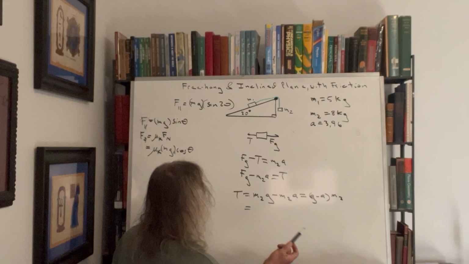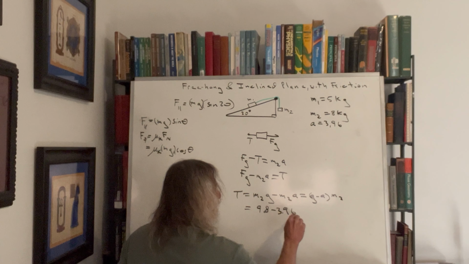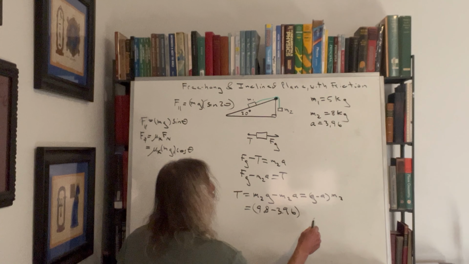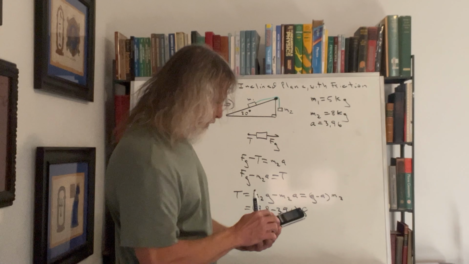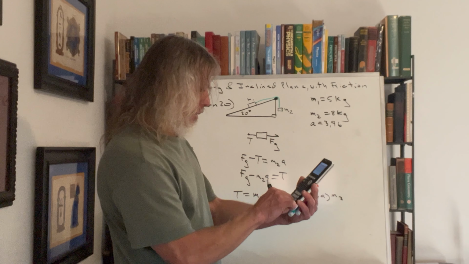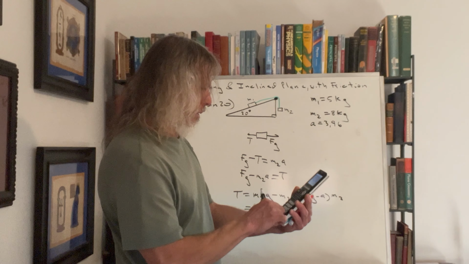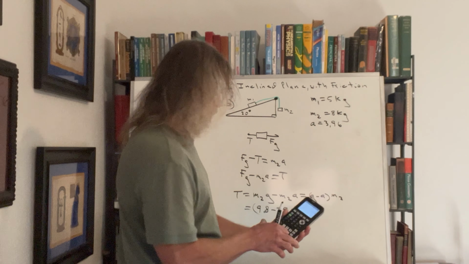So the tension would be 9.8 minus 3.96 times 8. And that will be 9.8 minus 3.96. Yeah, I forgot to put parentheses around it. Times 8. 46.72.